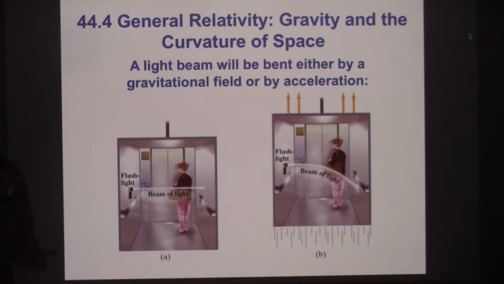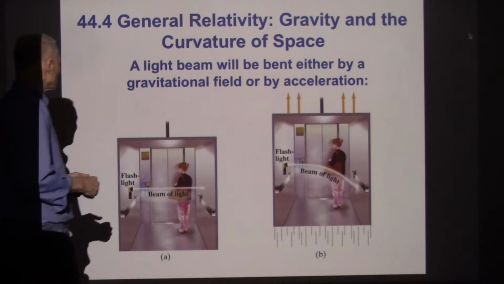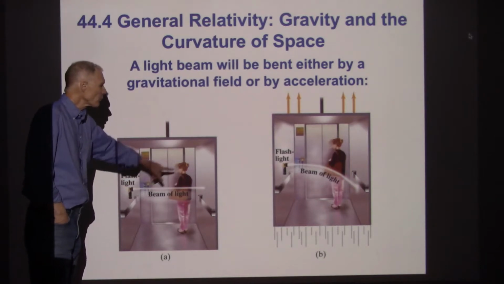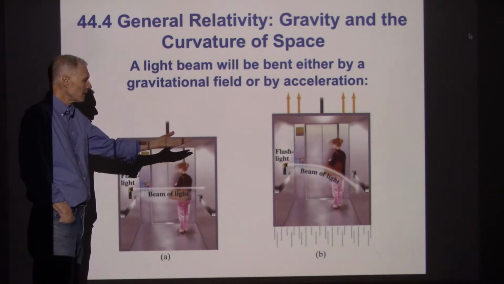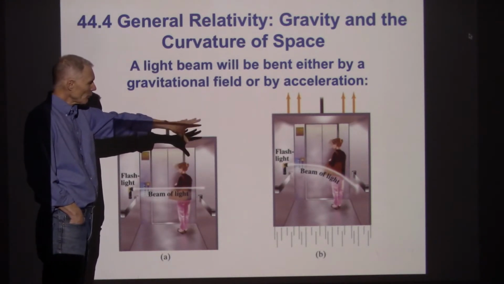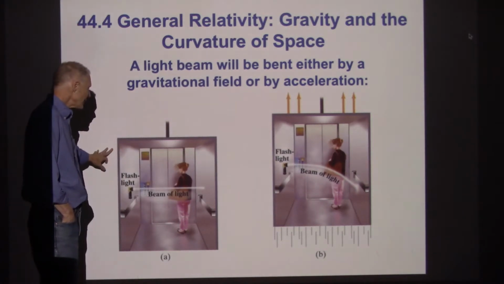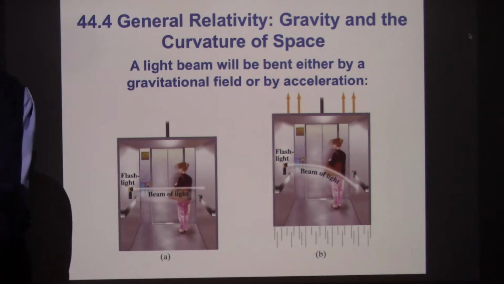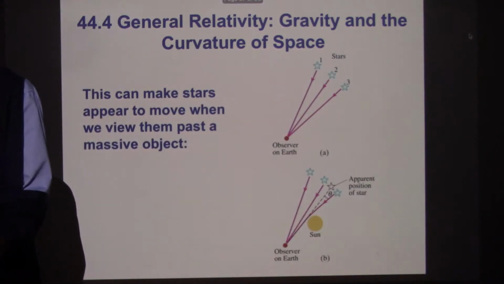Now, Einstein promoted this idea to kind of a principle and predicted that in a gravitational field, a beam of light would be observed to bend, because if accelerations create the effect, then so should a gravitational field. And observations were made that show that Einstein's prediction was correct, that light does bend in a gravitational field.